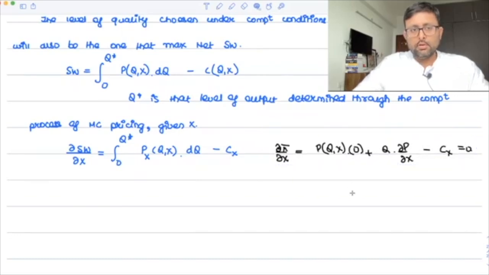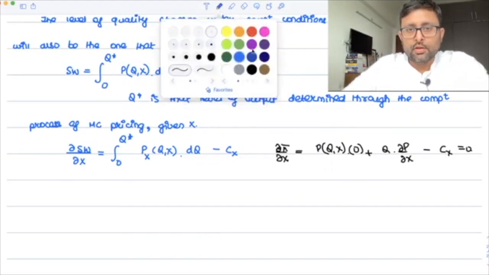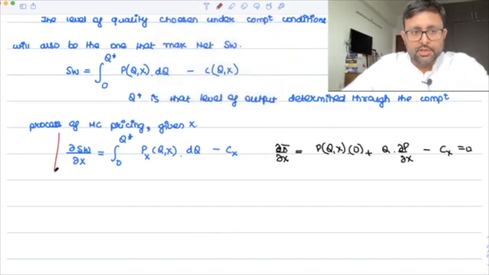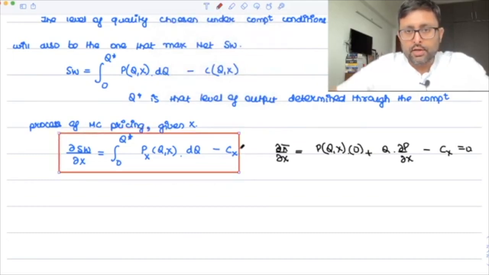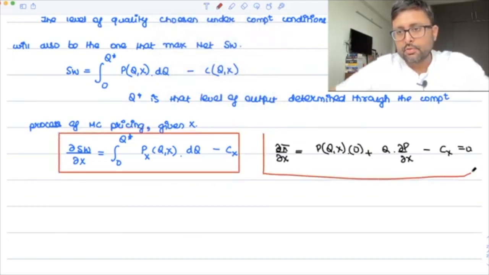Right. So there is a difference between this expression and this expression.